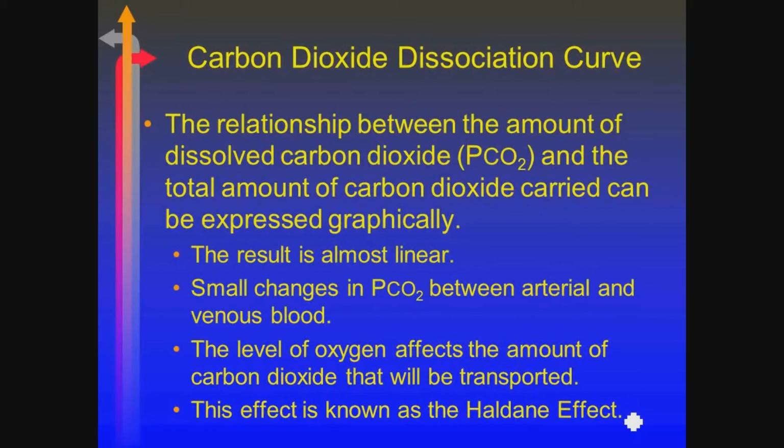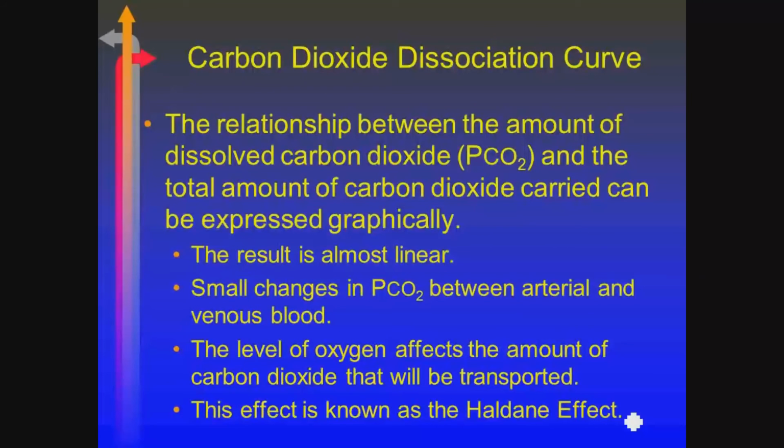The effect of oxygen on CO2 carrying capacity is called the Haldane effect. Remember what we talked about when CO2 levels rise, O2 levels fall, the hemoglobin's affinity for oxygen goes down? It's a rightward shift with elevation in CO2.